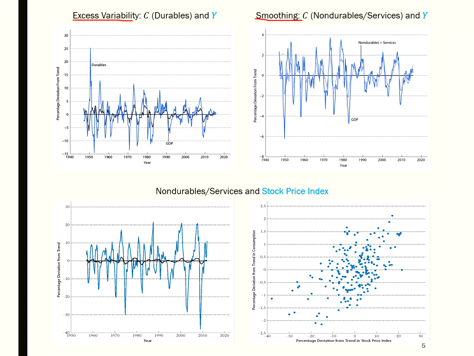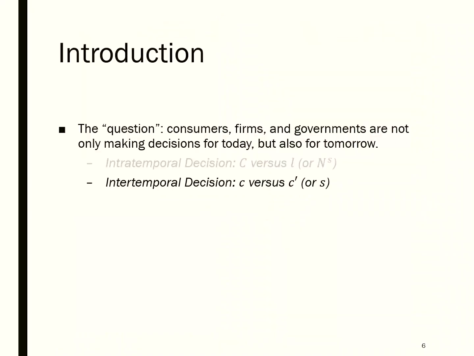Now that we have summarized our question, that is, the decisions in the credit or capital market. In these markets, decisions are not only relevant to the current period, but also relevant to the future period. That is why these decisions are intertemporal in nature, because you effectively face a trade-off between today's consumption C and tomorrow's consumption C prime.